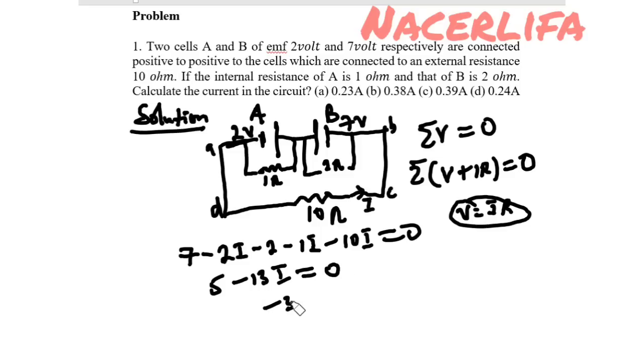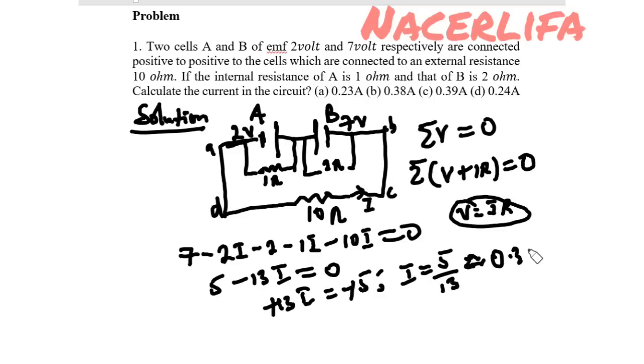When you make I the subject of the formula, I equals 5 upon 13, and 5 upon 13 is approximately 0.38 ampere. So in the problem, this is the correct option. The current that will flow in the circuit is 0.38 ampere.